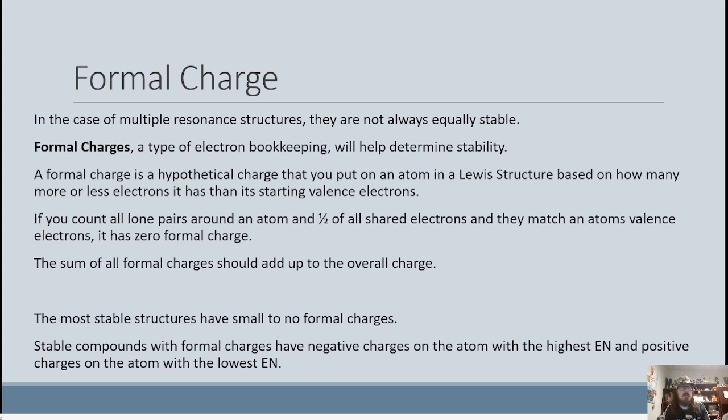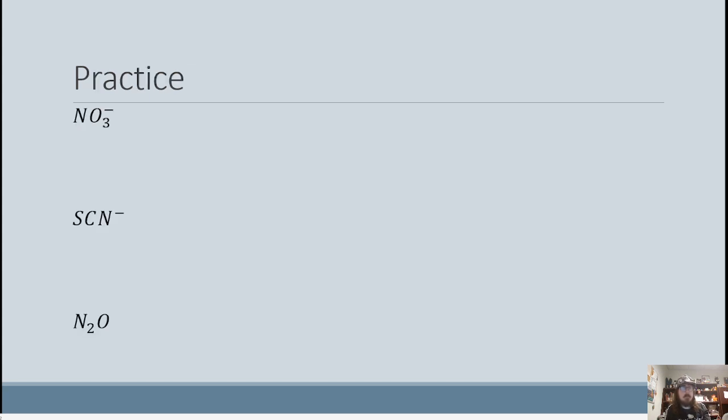So if you have to have a formal charge, try to put the negatives on the electronegative and the positives on the less electronegative, the electropositive in this case. So we will finish up with these, and there might be another practice, but we'll start with these guys first.